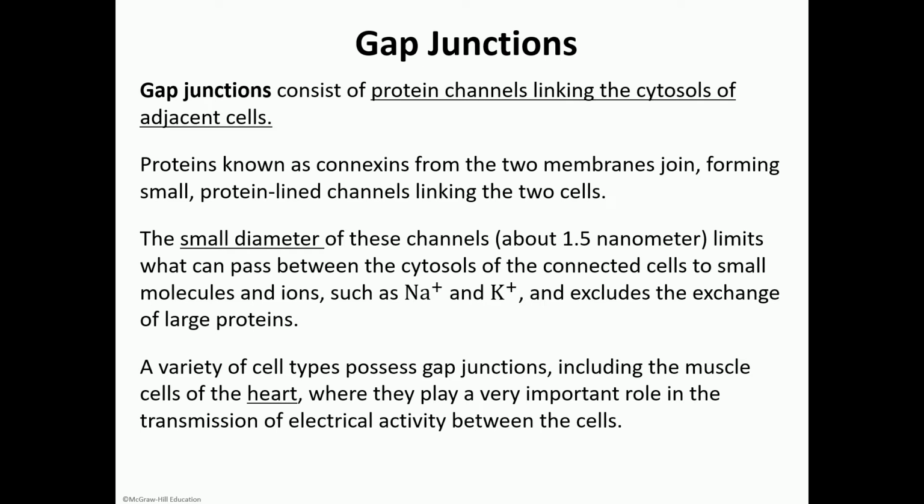Gap junctions are there for fast communication between cells, for example, the heart, and that allows the heart to pump as a whole, as a unit. Okay, when we learn about the conduction of electricity in the heart and on nerves, we will learn a lot more about the roles of sodium and potassium in those scenarios.